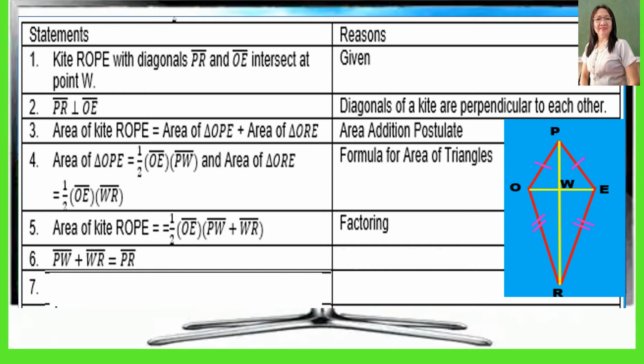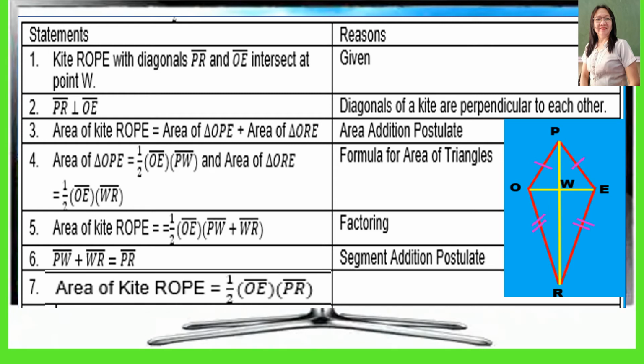So PW plus WR is equal to PR, and this is by the segment addition postulate. Then we have the area of the kite ROPE is equal to 1/2 of OE times PR, and that is by substitution using statements 5 and 6.